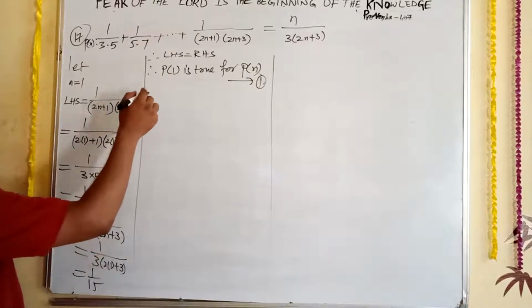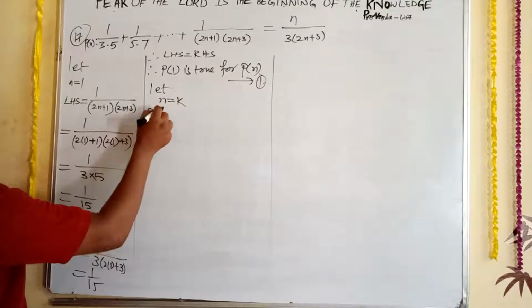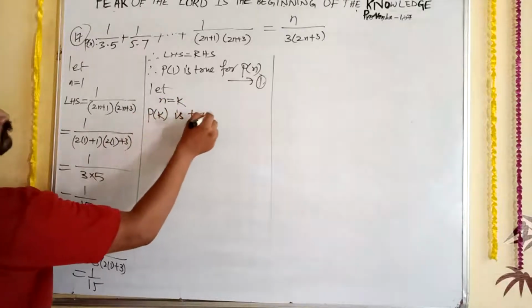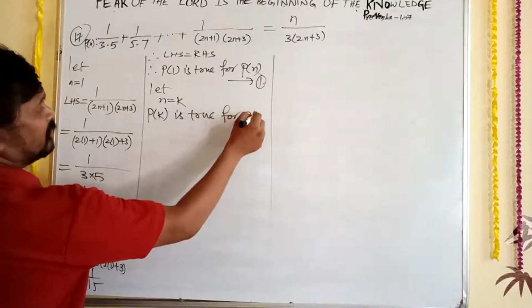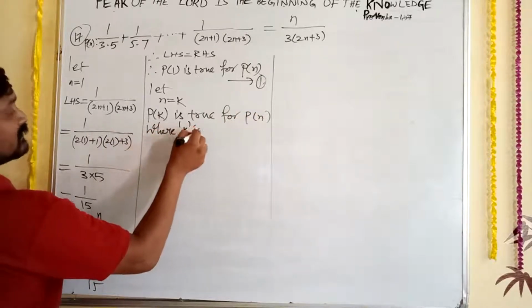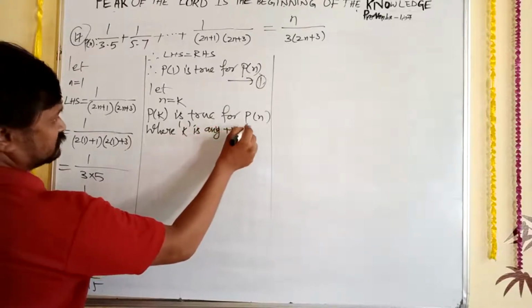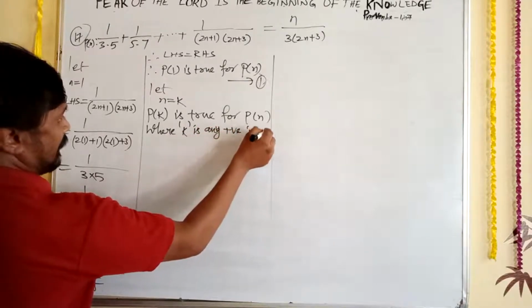Next, what we need to write in this: let n is equal to k. P of k is true for P of n, where k is any positive integer.